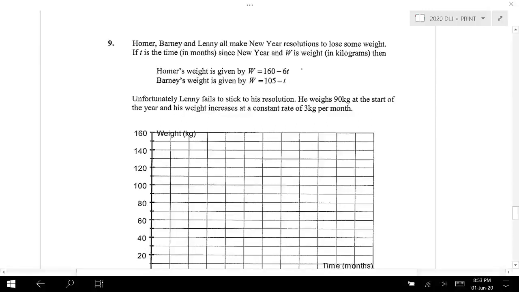Okay, I'm just going to rearrange these because at the moment they've got the y-intercept happening first, which is common when you've got a negative gradient. You might see questions written like this, but really this is W equals negative 6T plus 160. So it starts at 160 and it's going down 6 for every 1 it goes across.